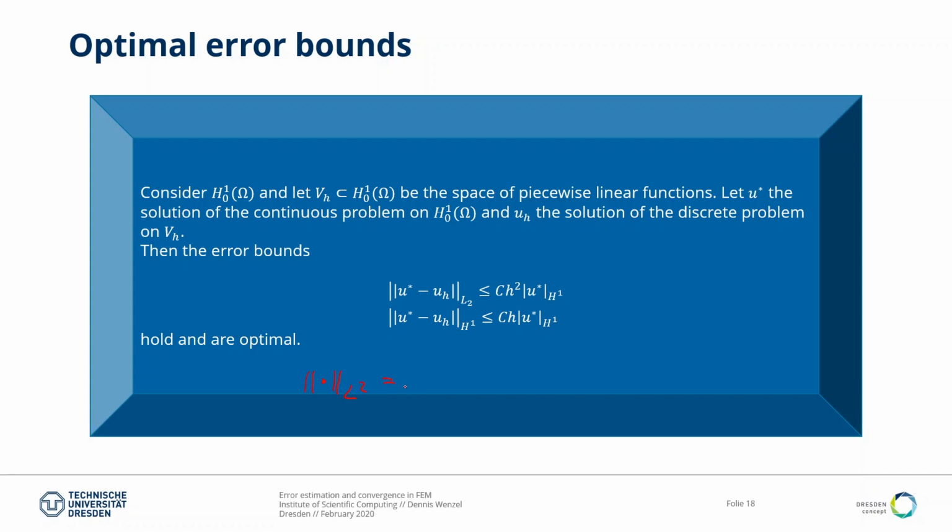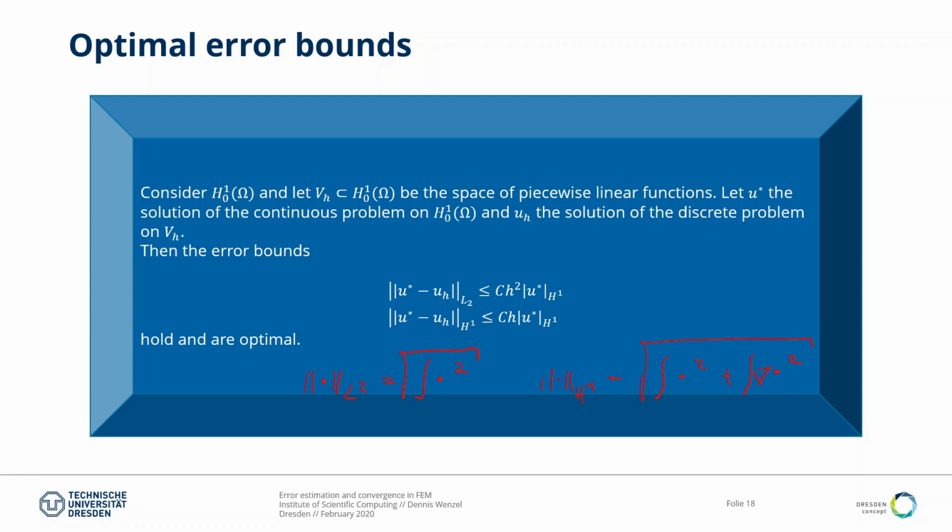The L2 norm of something is simply the integral over that something squared and then the square root of it. And the H1 norm is a bit more: that something squared plus the integral over the gradient of this something also squared, and then the square root of this.